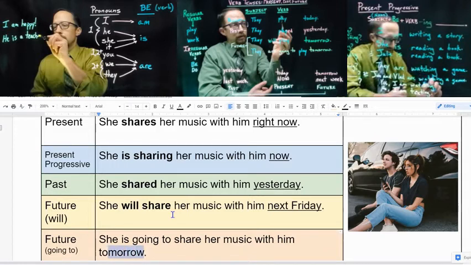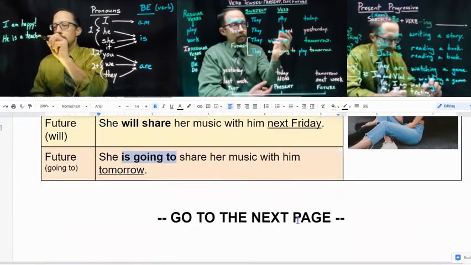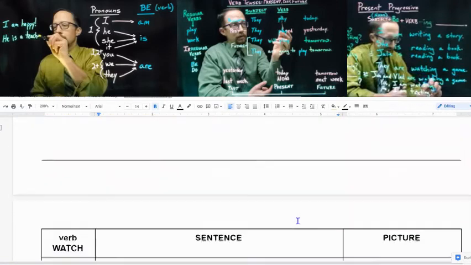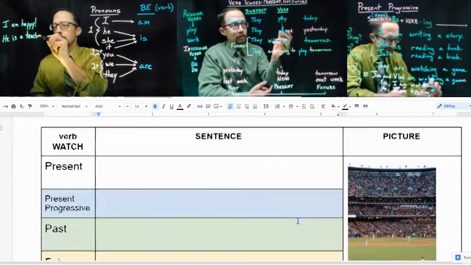She is going to share her music with him tomorrow. Let's highlight and we'll bold. She is going to share her music with him tomorrow. All right, let's go to the next page.